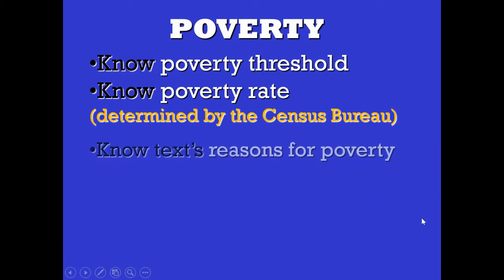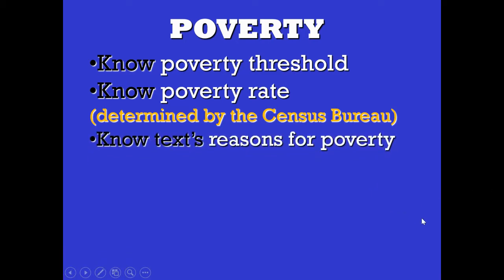But the reasons for poverty in your textbook have to do with education. One that I want to point out just verbally is resource immobility. If you're not able to move where the resources are, or you're not able to take your family and go to where the jobs are, that can be a problem that lends itself to creating more poverty. Obviously, education.